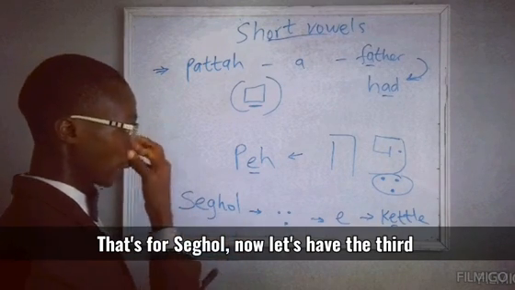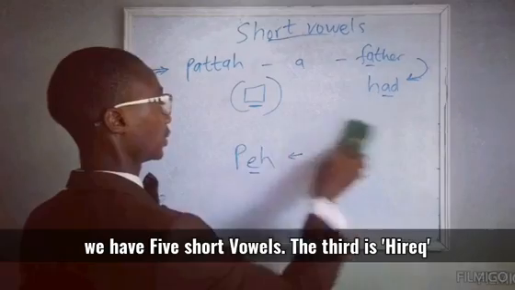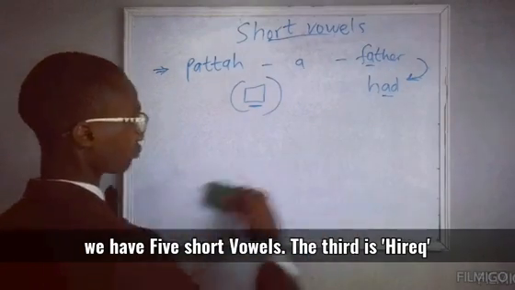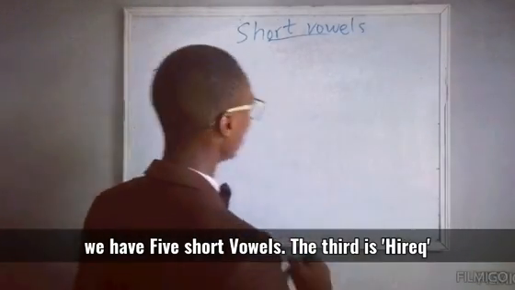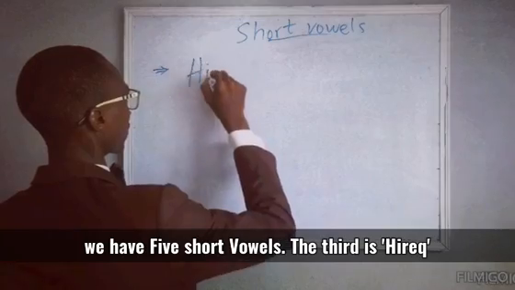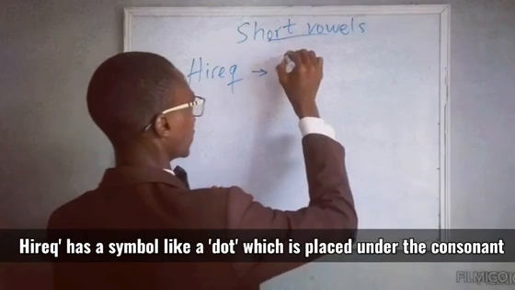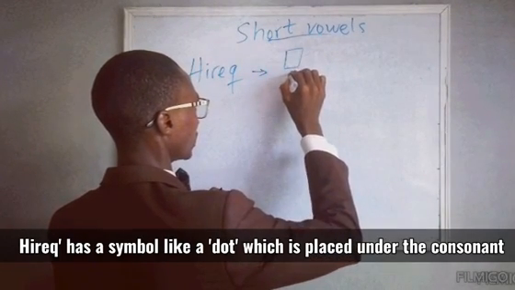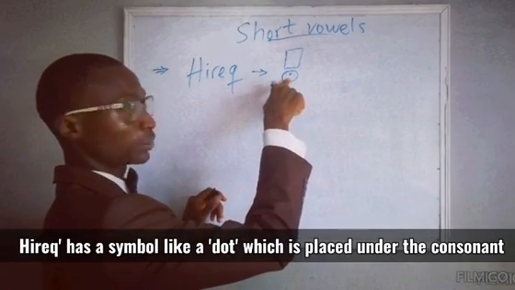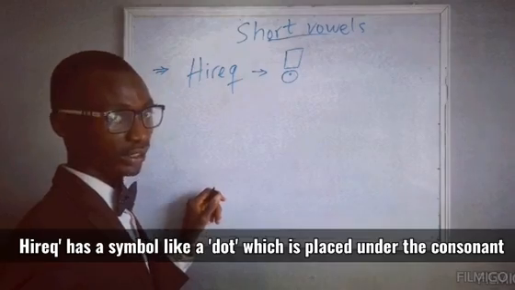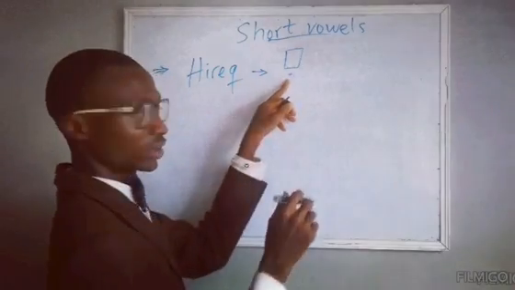Now let's have the third, because we have five short vowels. We have discussed two. Now the third is hireq. Hireq has its symbol, a dot placed under the consonant, one dot.